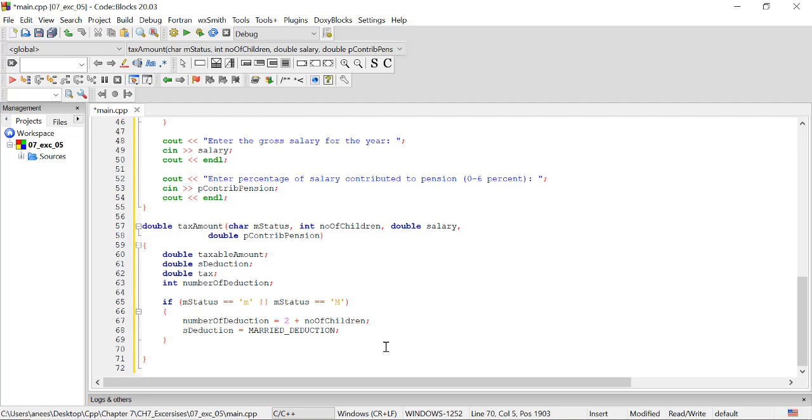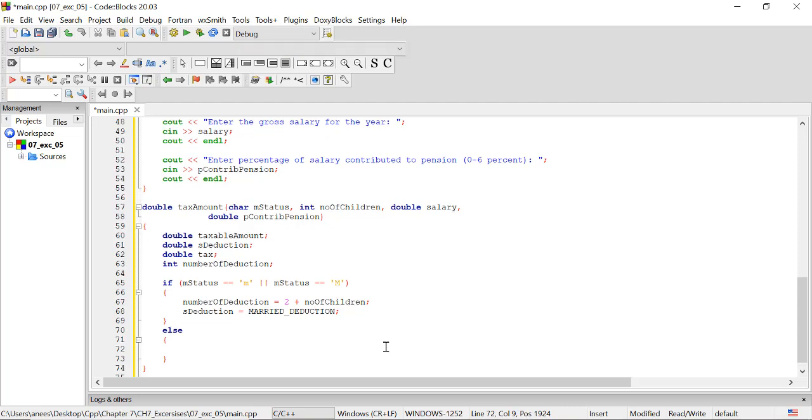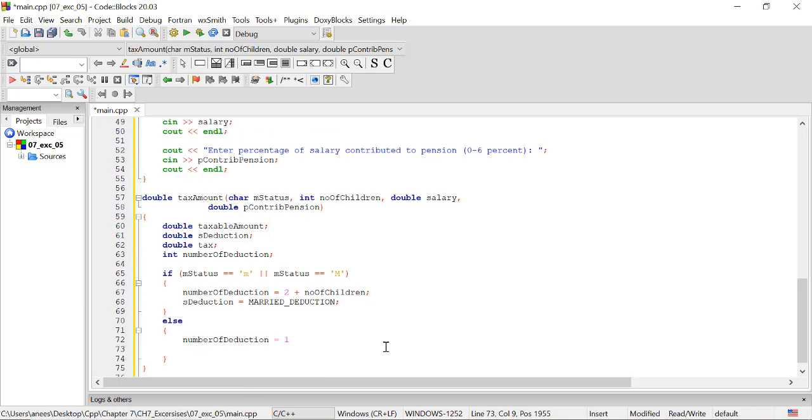Oh, and after this, we need to write in else. This is for people that are single. Else, numberOfDeduction is equal to 1, and sDeduction is equal to singleDeduction.